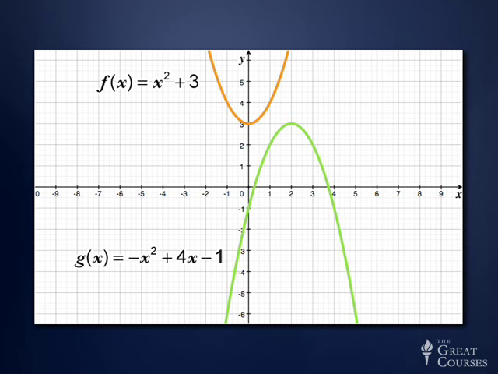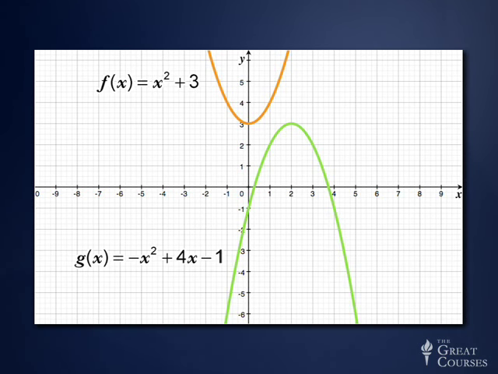Now, what else do you notice about these two graphs? Well, one of them crosses the x-axis twice, and the other misses the x-axis altogether. This is again very different from the graphs of lines, where typically there's an x-intercept, except in the case of a horizontal line. And in fact, there's only one x-intercept when you're drawing a line.